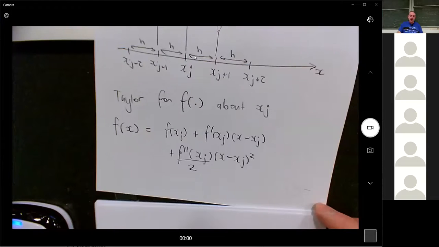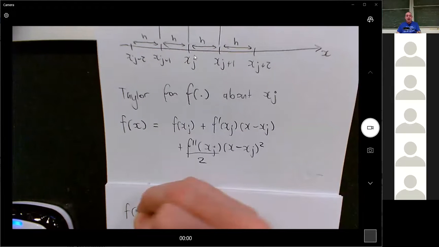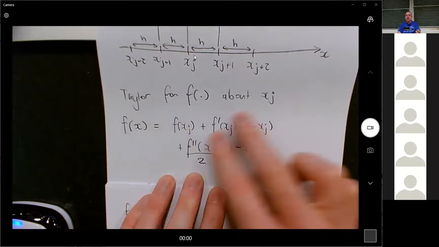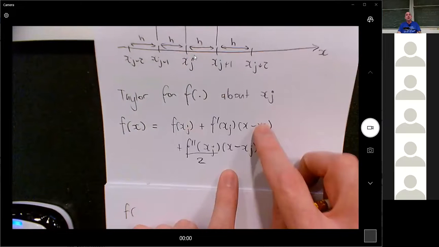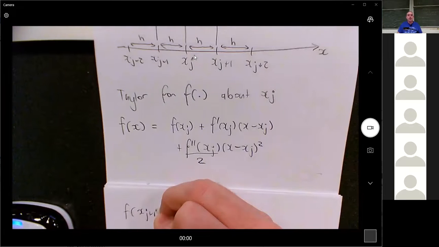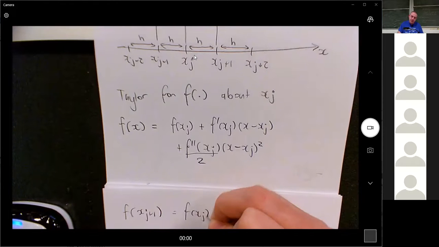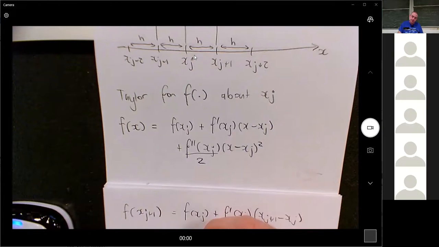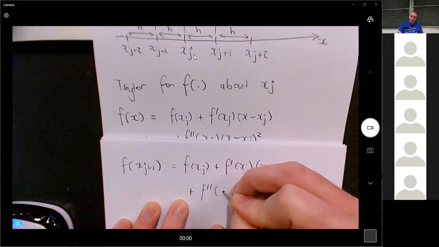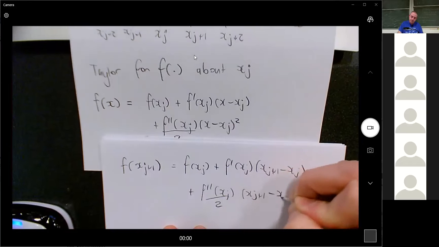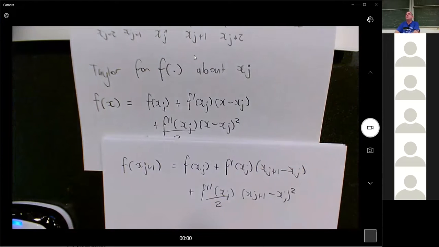And so what that means is that for f of xj, I'll get xj minus xj and xj minus xj, and this will just turn out to be f of xj, because they'll all be 0. But f of xj plus 1 will be replacing the x with xj plus 1, and so on, however many of them I need.